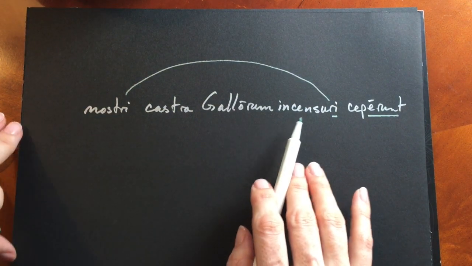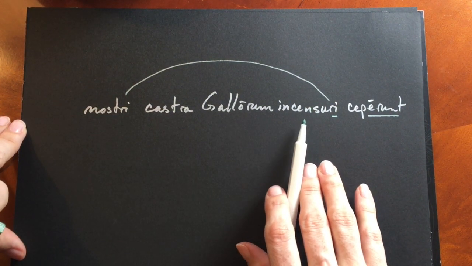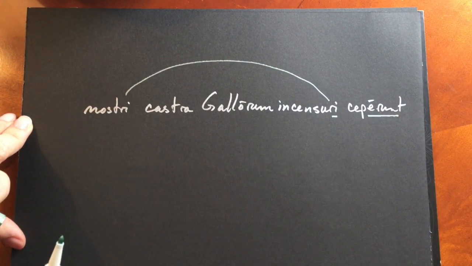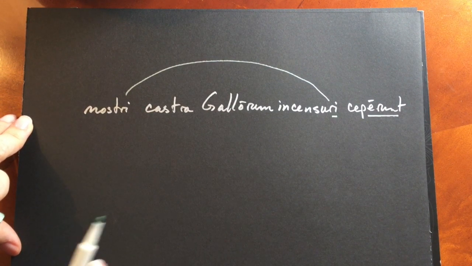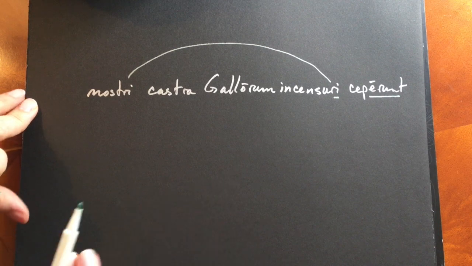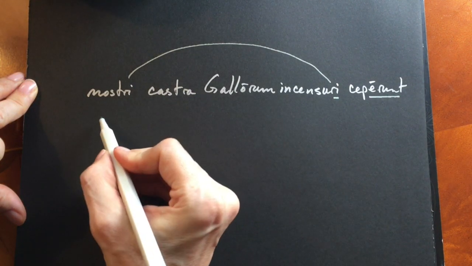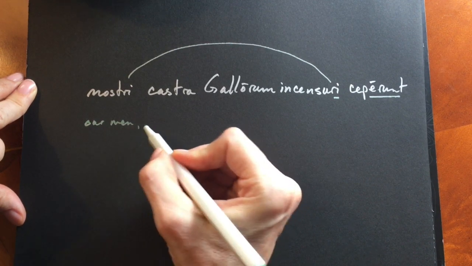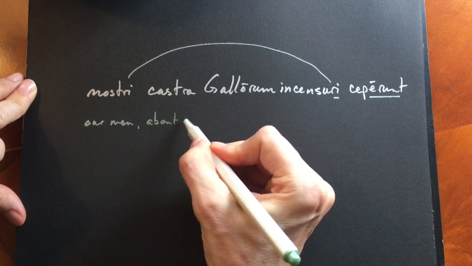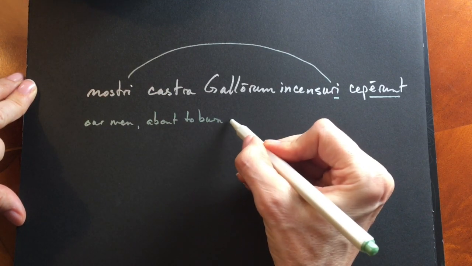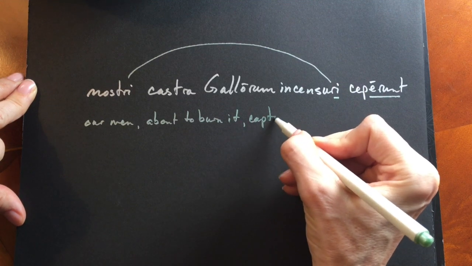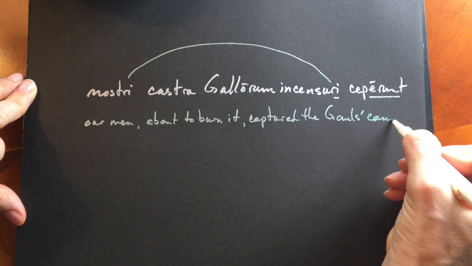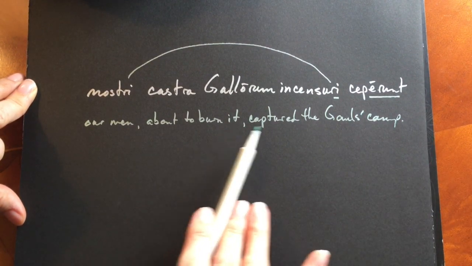So which men? The men who are going to or are about to burn the camp of the Gauls, captured it. That's our meaning. How do we express that nicely in English? Our men, about to burn it, captured the Gauls' camp.